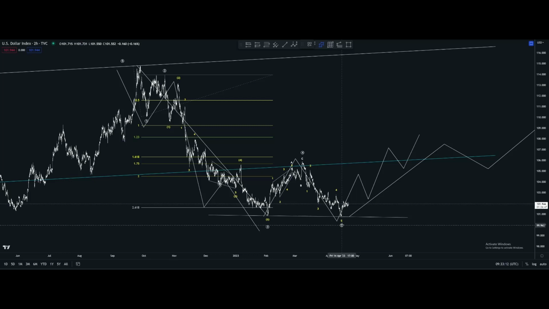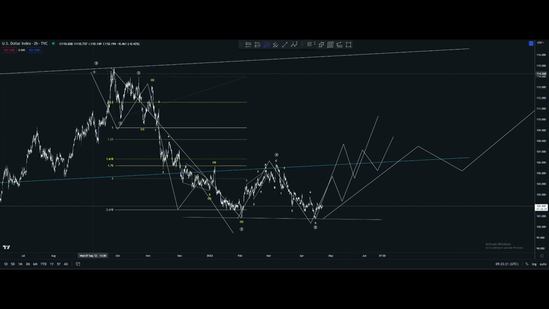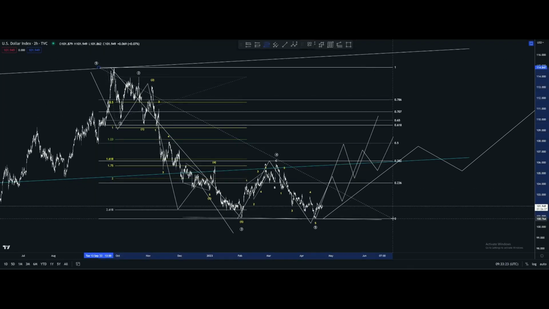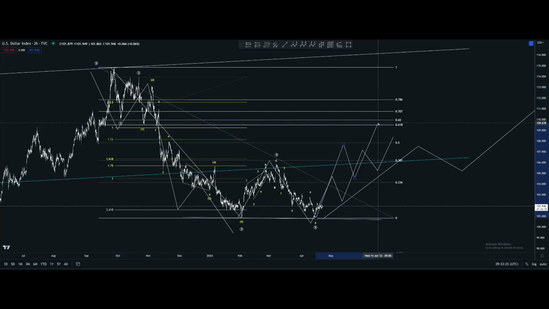Or if this was a 5, then a zigzag from here, where bears defend this area, and we have some structure here as well defending.